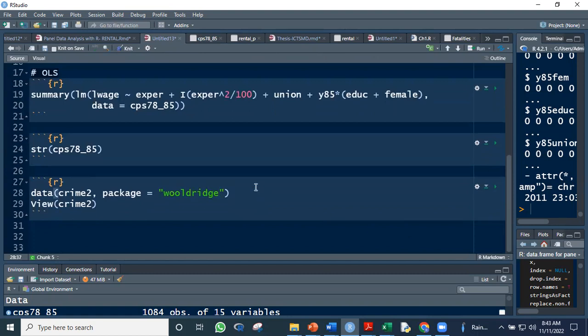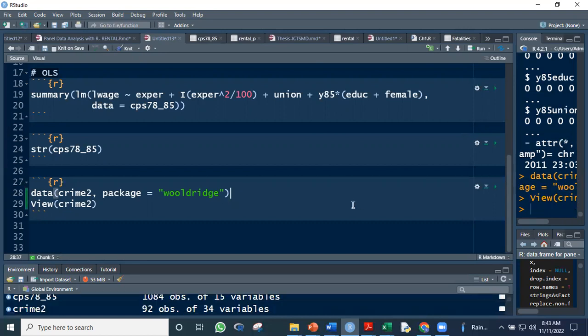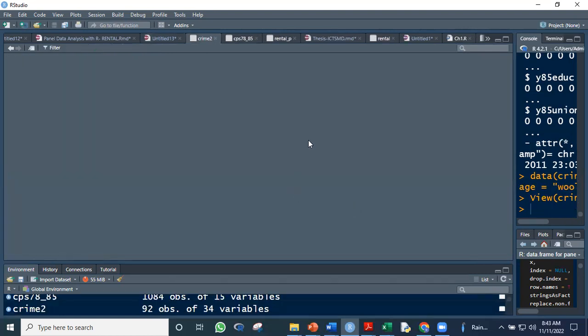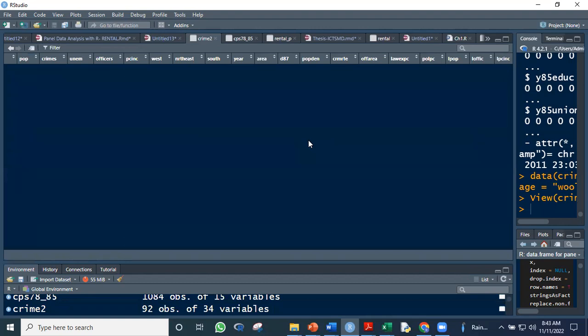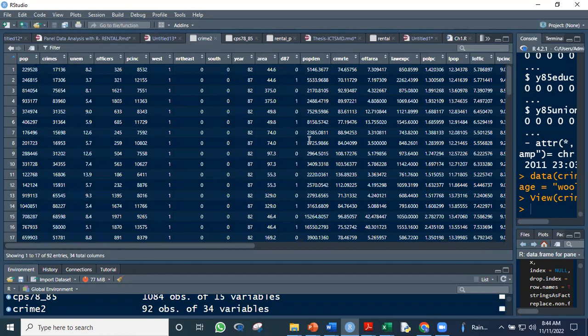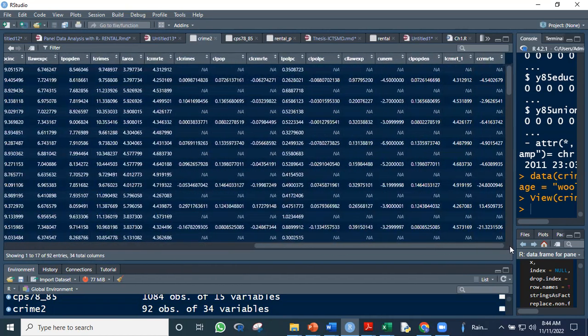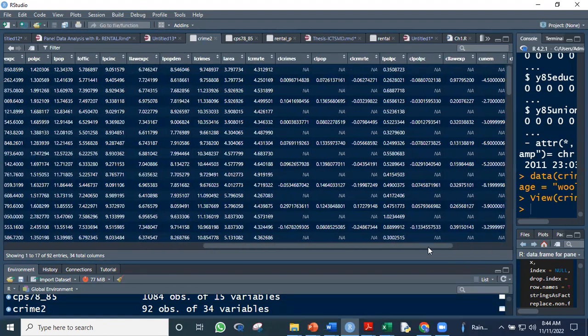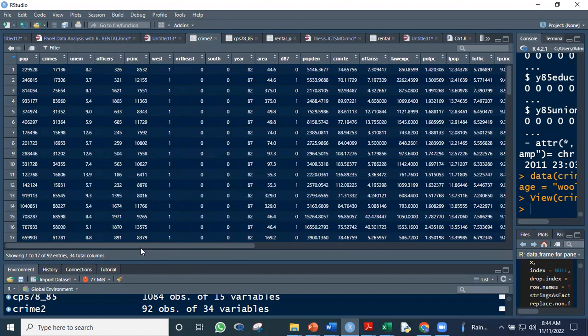Tinignan ko yung list ng data sa Wooldridge, no? So crime 2, run natin to. Okay, wait.